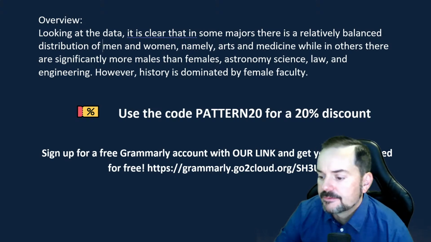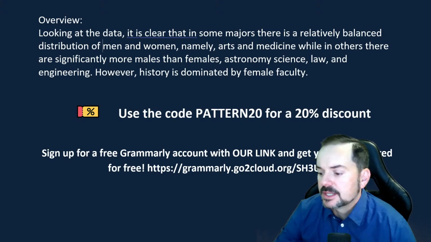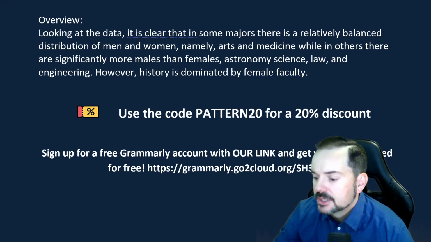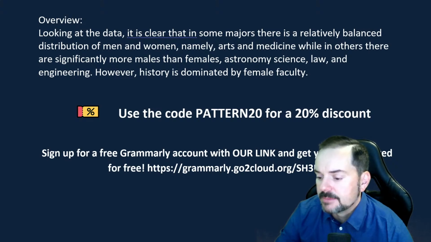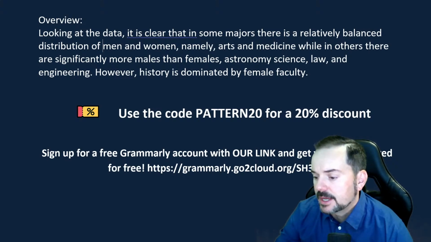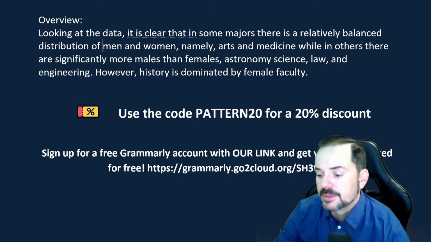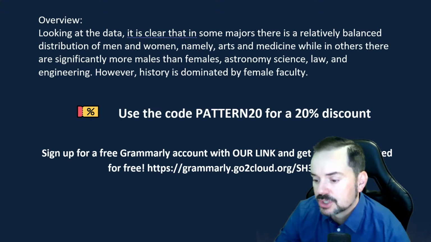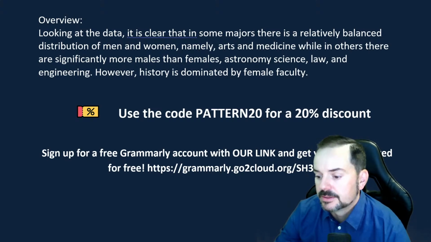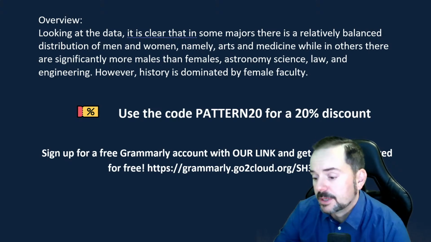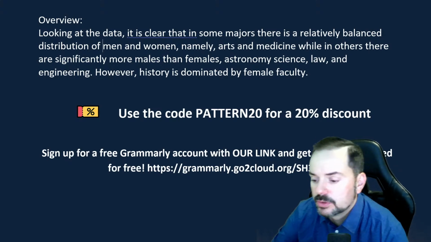Arda writes, at first glance, it is seen that the percentages of female and male staff in some majors are closely balanced, specifically in arts and medicine. Very good, Arda. Yeah, that's a great start to the overview. Okay, and then you can continue. While in others, there is a disproportion of men to women. So you can simplify what I wrote a little bit too in the way that I just showed.